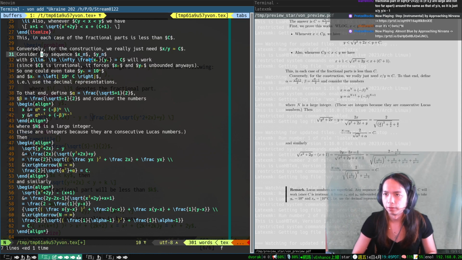Consider any sequences of positive integers.